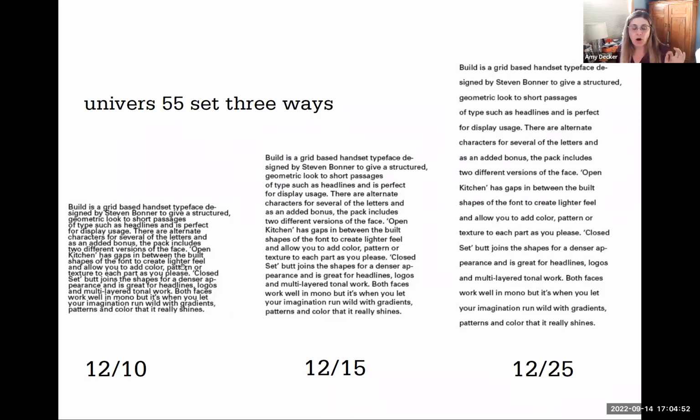So here's something to always keep in mind when we're setting type. The point size is always the smaller number. The leading is always the bigger number. Never, ever, ever is leading a smaller number. So 12/10 would never happen because look what happens. The ascenders and descenders bump into each other. And the higher the X height, the more severe it is.